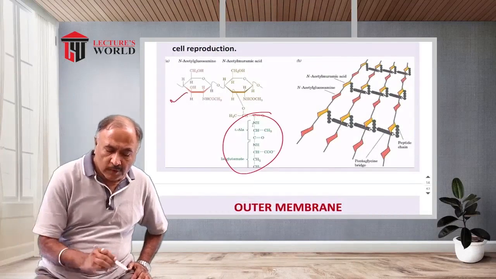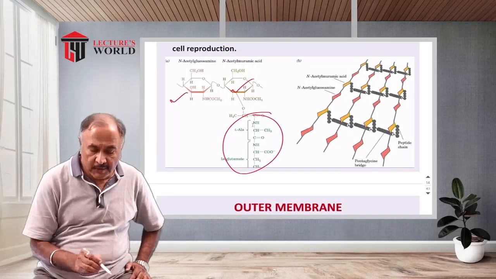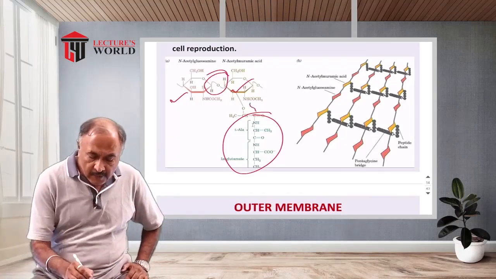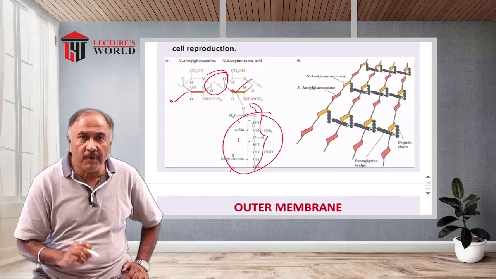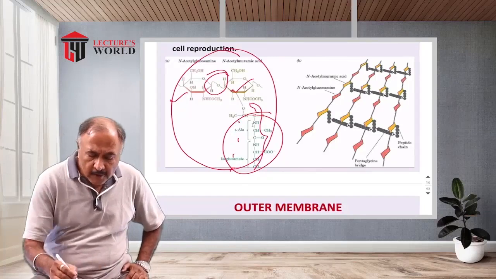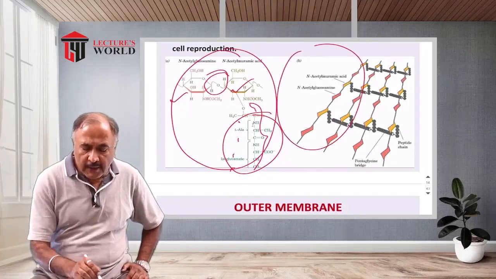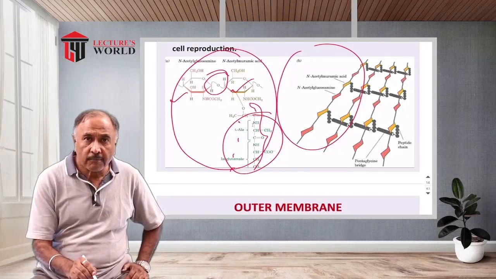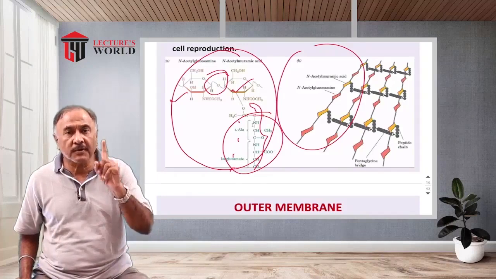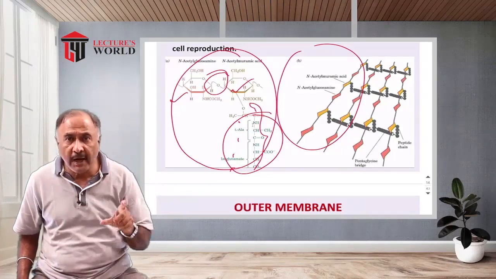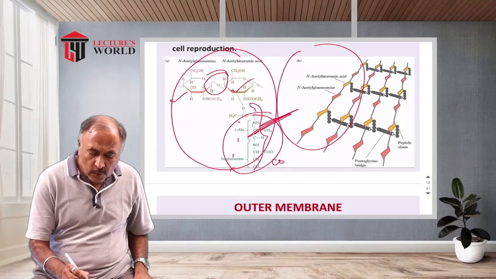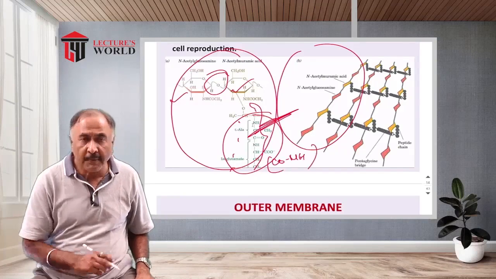This is N-acetyl glucosamine, this is N-acetyl muramic acid, and the linkage here is glycan, while these are the five amino acids. Now this is one unit. Similarly, there will be another unit here, and these repeating units of N-acetyl glucosamine and N-acetyl muramic acid having peptide chains are linked with one another by a CONH linkage, that is a peptide link.